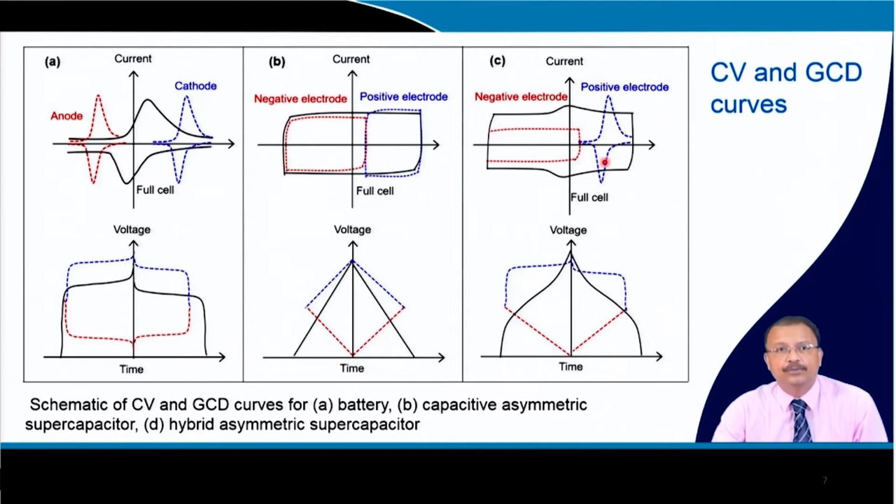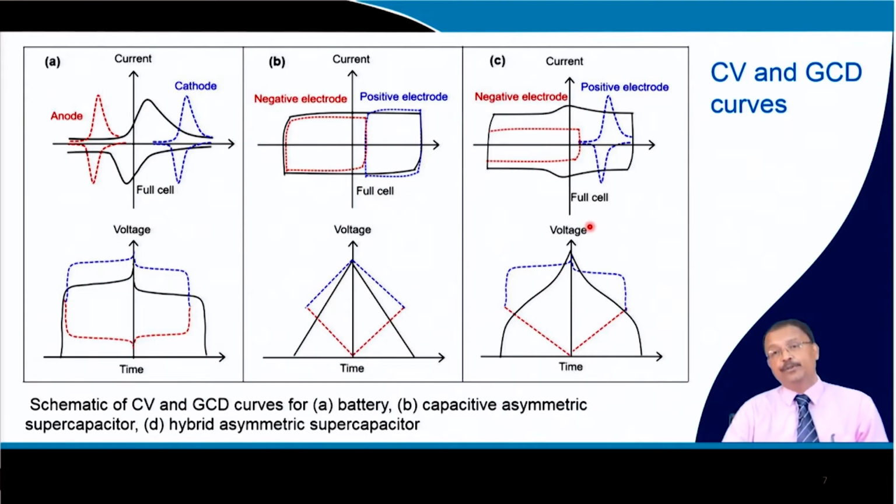You can do the same thing for a hybrid asymmetric capacitor as well, which is of our interest. So, the negative electrode could be pseudocapacitive and the positive electrode could be a battery, or the negative electrode can be an EDLC type of material and the positive electrode could be pseudocapacitive, as in the example that I have shown.